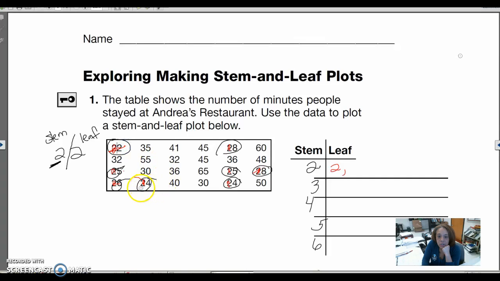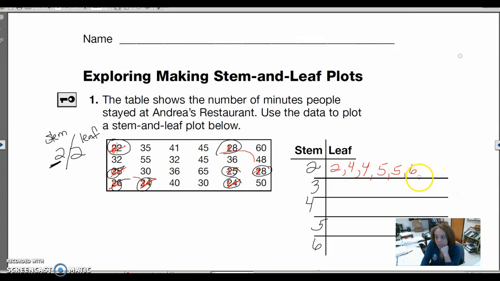Then I have a 24, so I'll add a 4. I have another 24, I'm going to account for another 4. Then I have two 25s, so I will account for two 5s. And let's see, a 26, comma, a 6, and two 28s.